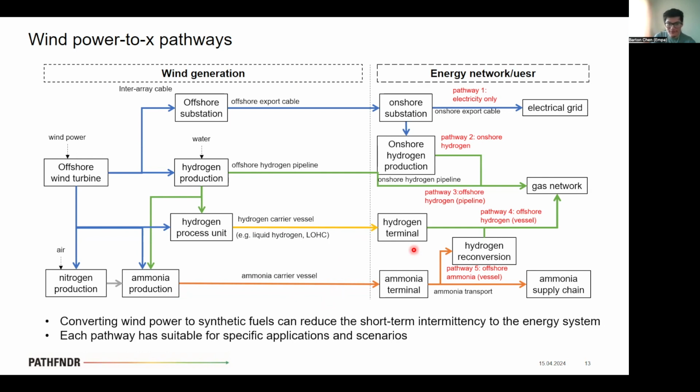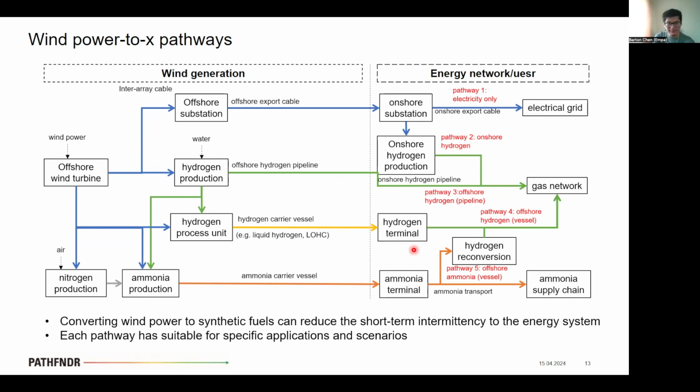The key message I want to say here is, okay, if we convert wind power to those kinds of synthetic fuel, it can reduce the intermittency impact from the wind power directly on the grid, but at the same time, it will increase the cost.